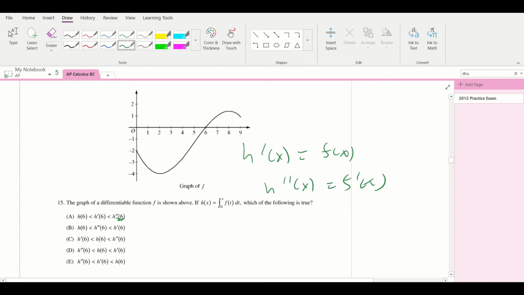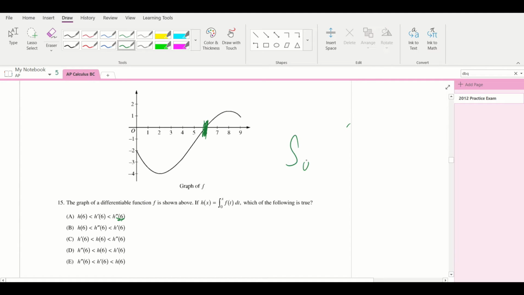So we really only have to compare the integral of f of x until x equals 6, the value at x equals 6, or the derivative at x equals 6.